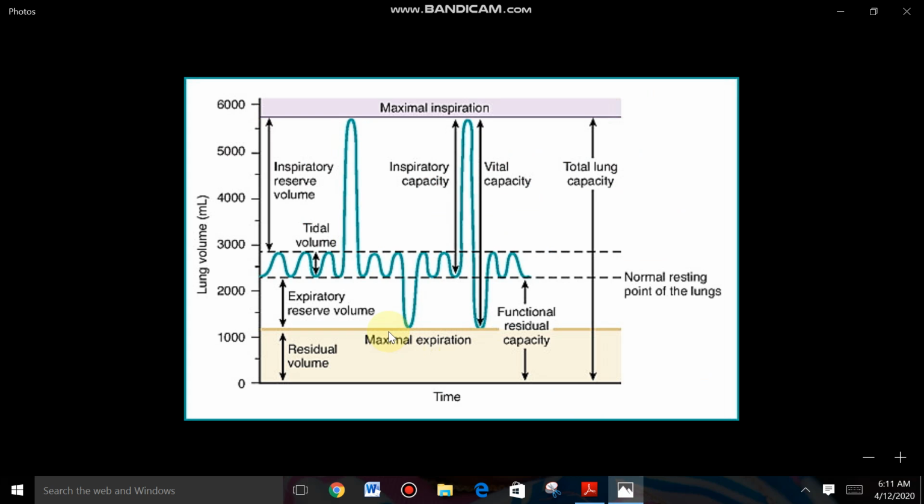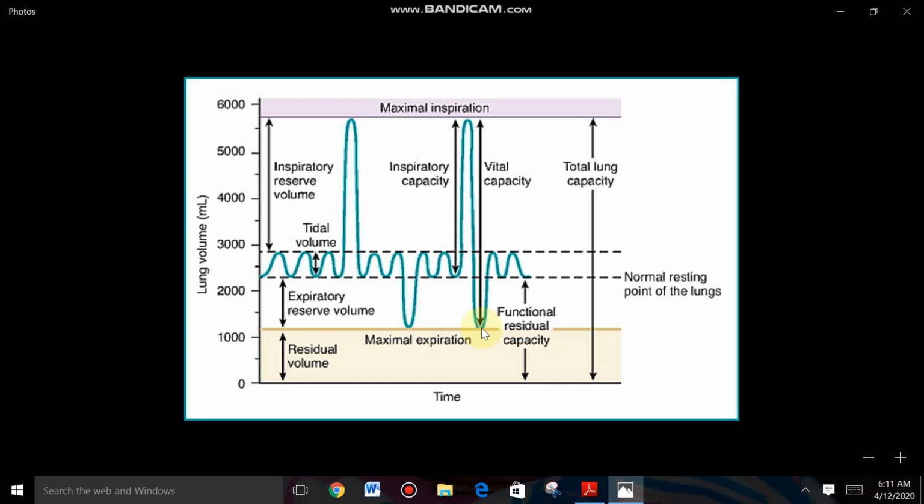So we can start from the forced expiration point. What is the forced expiration point? This is the forced expiration point. From this point, how much maximum air a person can inhale, that is called vital capacity. So this is the maximum expiratory point.